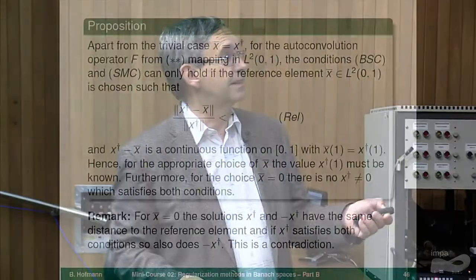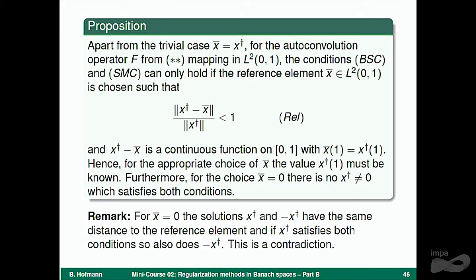And you cannot get a rate because the system does not know whether to go left or right. In that case, the solutions have the same distance, and it is not possible that such things can be satisfied. So that is the simple situation you have.